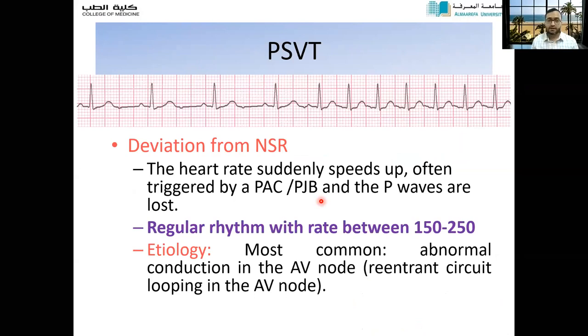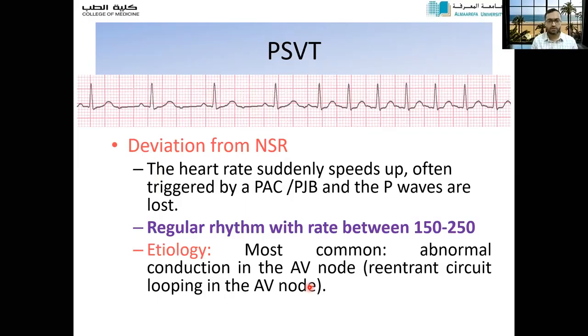And here you can see initially the ECG was normal and suddenly, paroxysmally, the tachycardia started. Initially the P wave was appearing here, then the P wave disappeared. So the beats may be originating somewhere else in the atrium. P waves are lost.